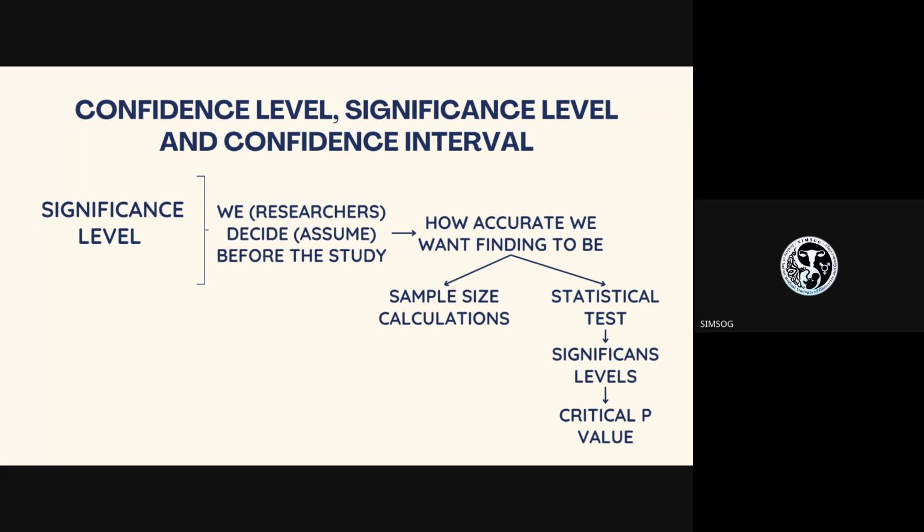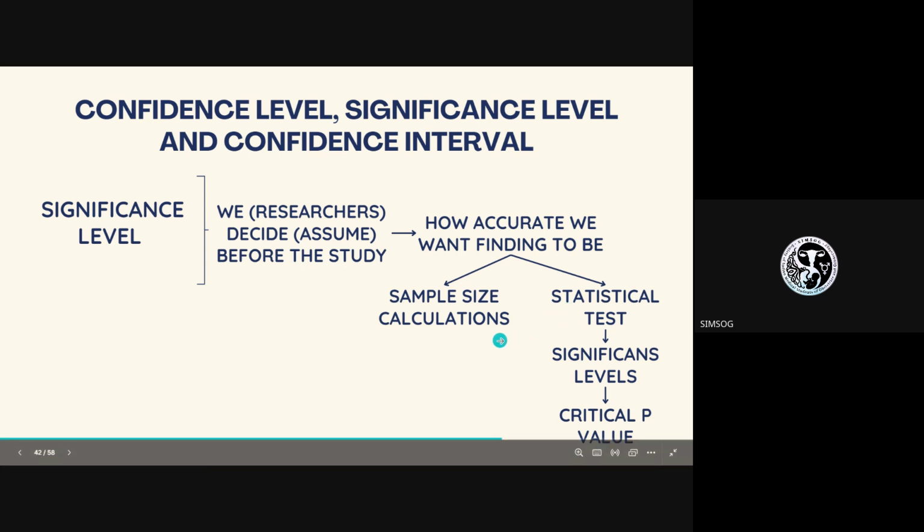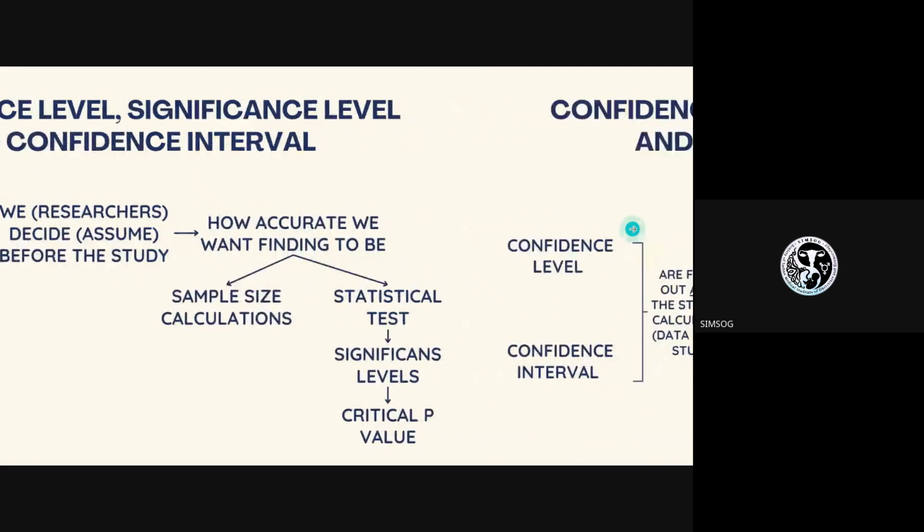So when we decide that our study has to be at a 95% significance level and calculate the sample size for that, then after doing your research study, you cannot say that you want to change your p-value cutoff to 0.1. That is not how it works. If you decide something beforehand, that has to stay afterwards. Only then will your sample size calculation and your statistical test inference go hand in hand. Otherwise, there will be an error.